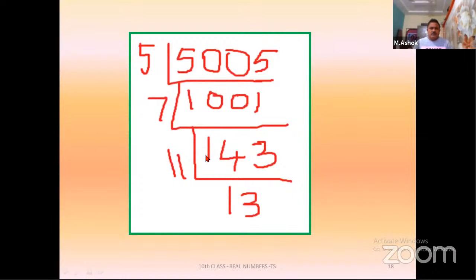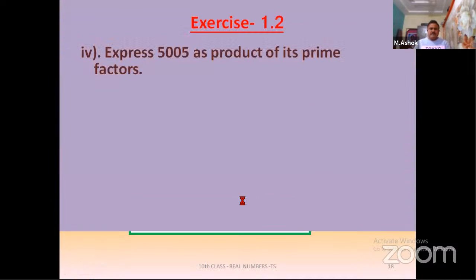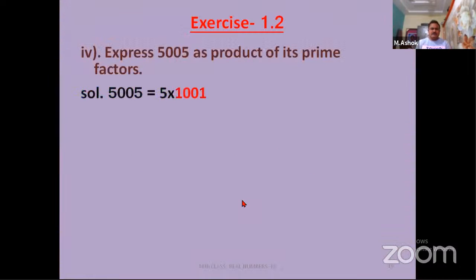Now this 143 can't be divided by 2, 3, 5, 7. So what is the next prime? 11. Try with that one. 11 1s are 11, 3 is the remainder, 33. 11 3s are 33. So 5005 can be written as 5 into 7 into 11 into 13. It is the answer of this question.